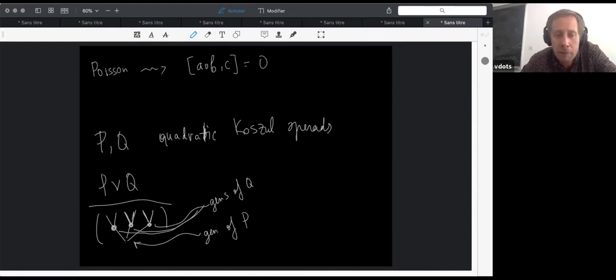So for this reason, I put here a ternary operation. In our case, all generators are binary, but it's a more general result.